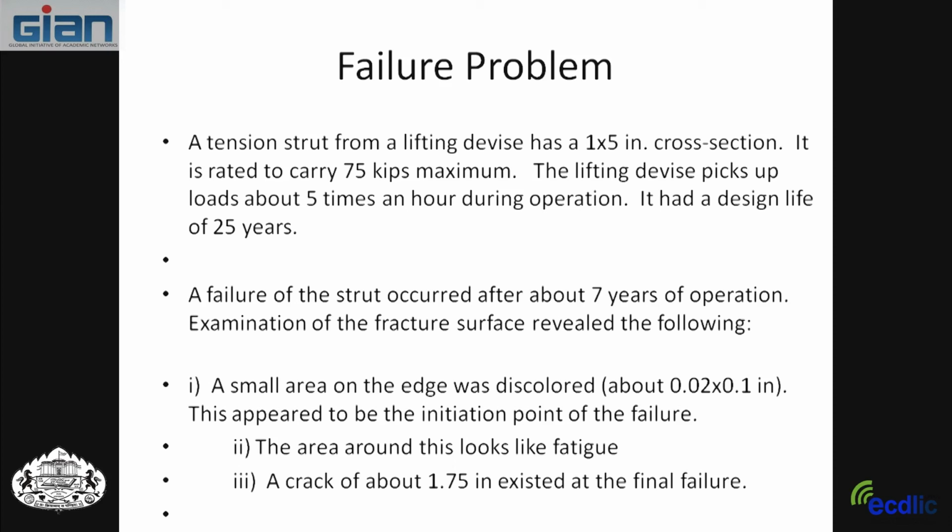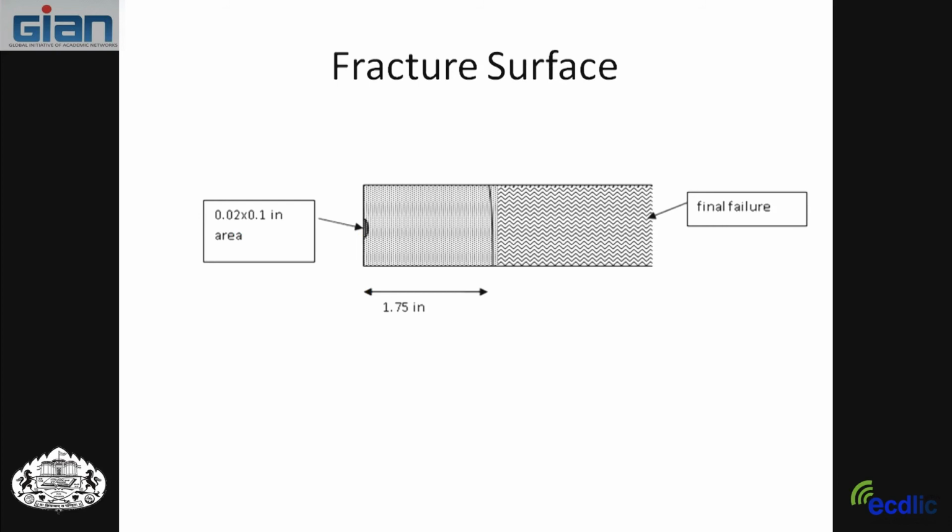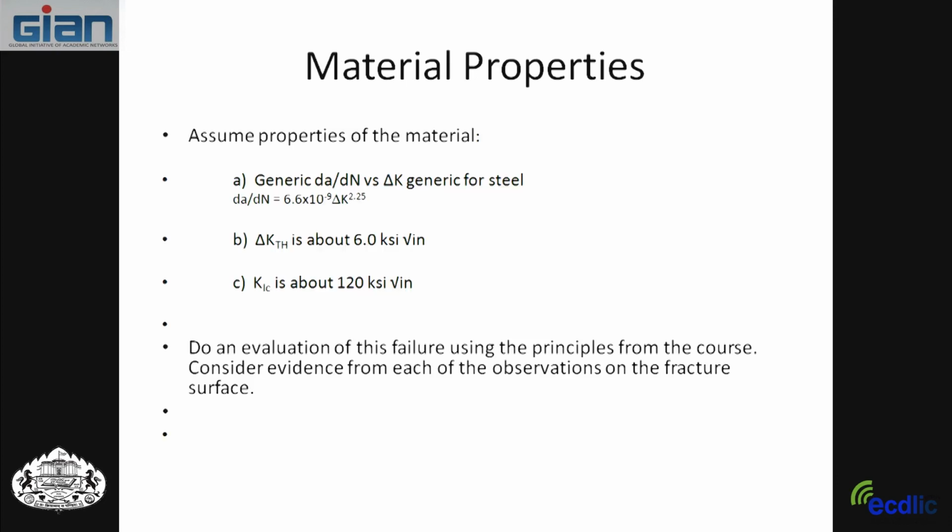So it was 1 by 5, and I used the edge crack model again that we used a lot to do this. Here's the picture. That small area that's dark looked like an initiation area. This looks like fatigue. This looks like final fracture, and those are the dimensions.